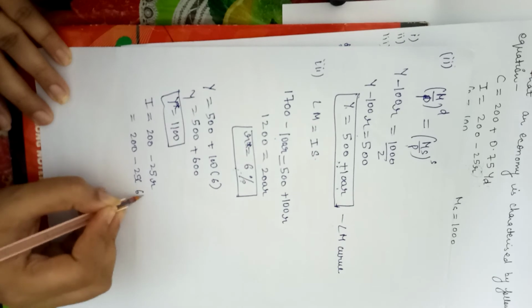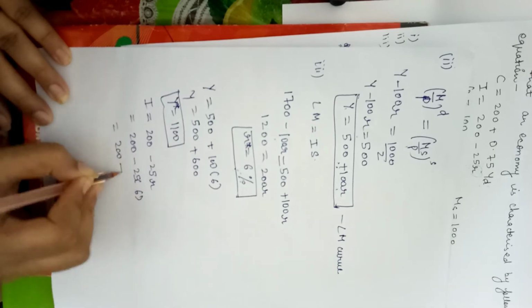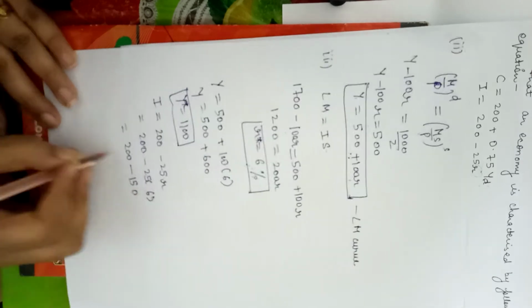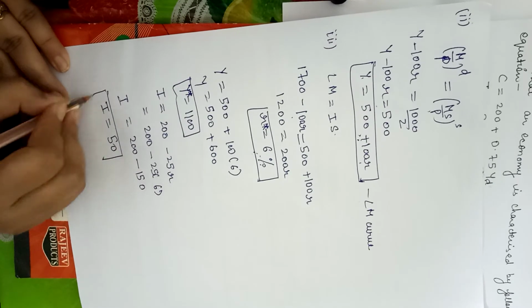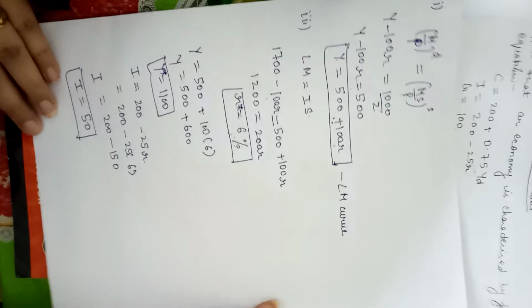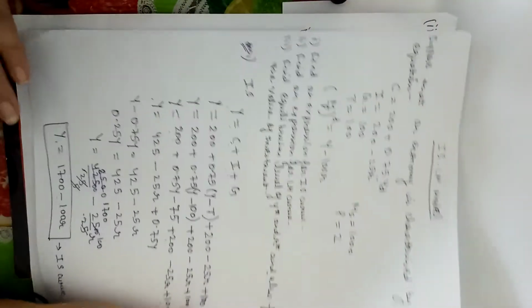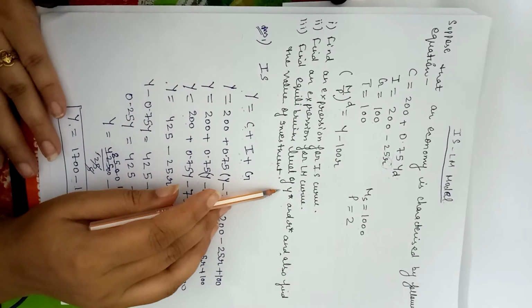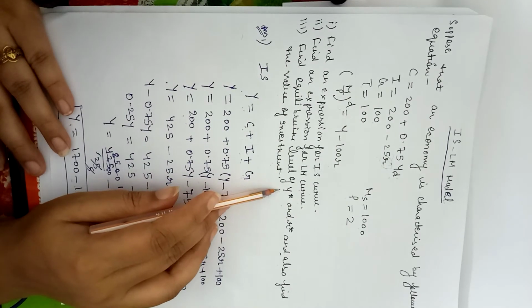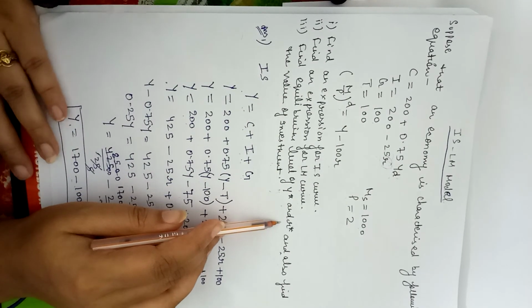R is 6%. So now our investment is 50. So this is how we calculate the IS, LM and the equilibrium level of income and rate of interest.